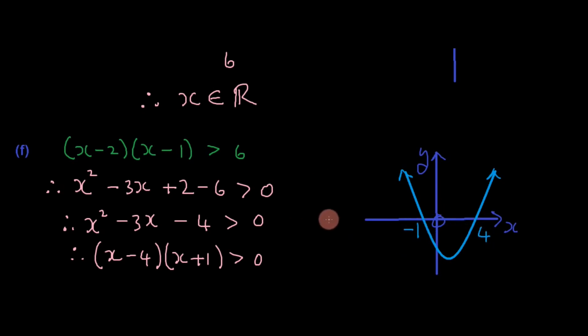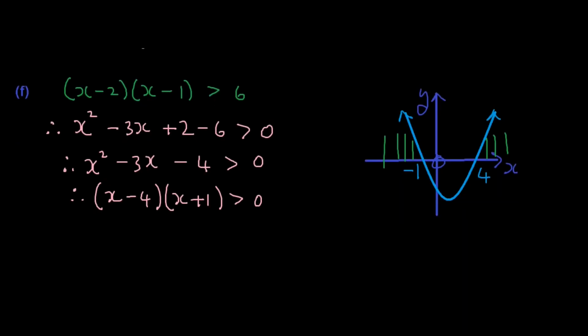And we want the parabola to be above the x-axis, since this inequality says that the left-hand side is greater than 0 or positive. So once again, it's going to be to the left of -1 and to the right of +4. So we can write down our answer. X will be less than -1 or greater than 4.